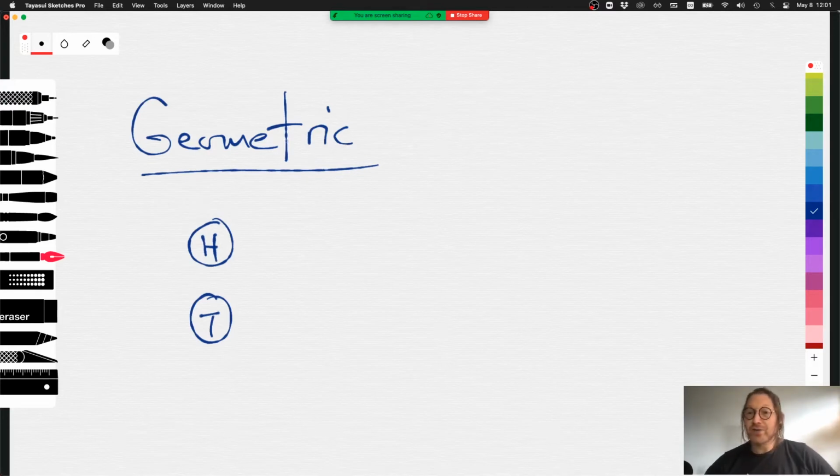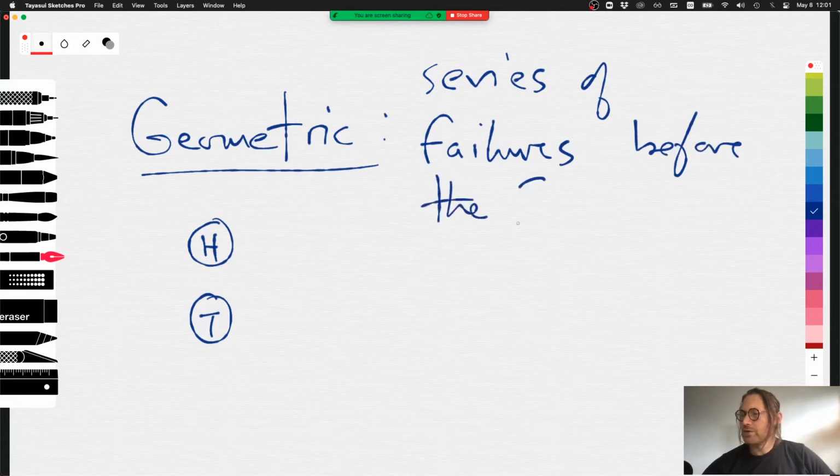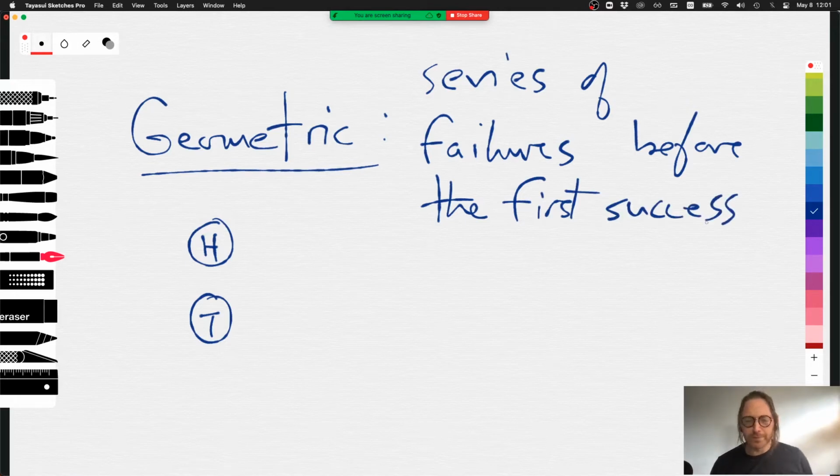Geometric is a series of Bernoulli trials, like binomial. However, it's a series of failures before the first success, okay? That's what we're modeling.